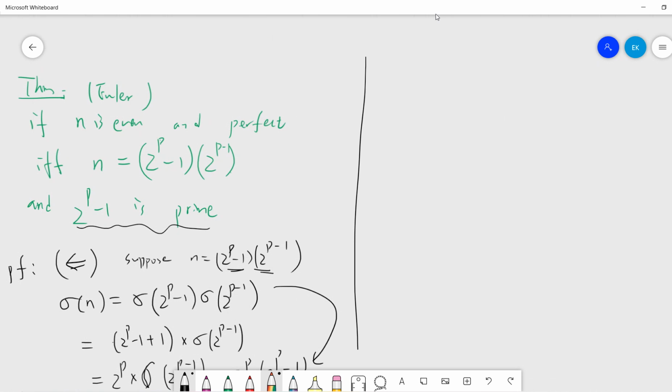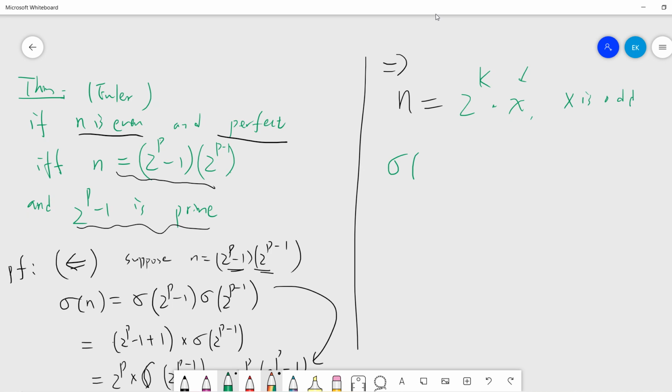And the difficult proof should be this one. We need to assume that n is even and perfect, and then we try to show that there must exist some p. So I can write n as 2 to the k times x, where x is odd.